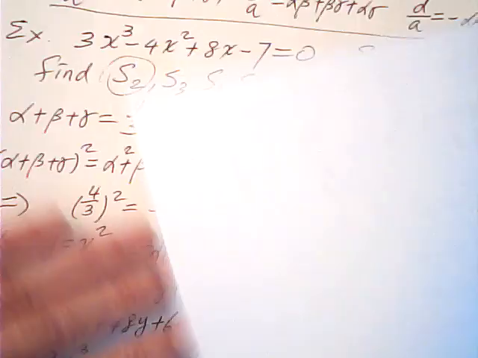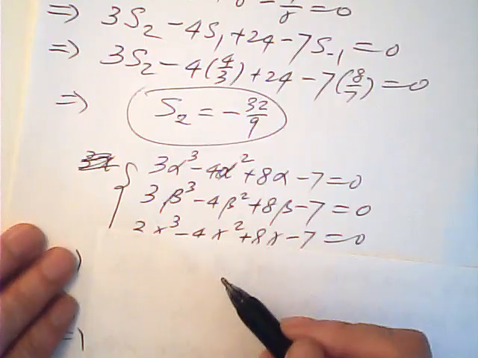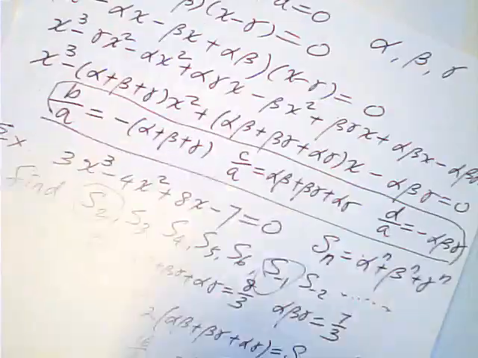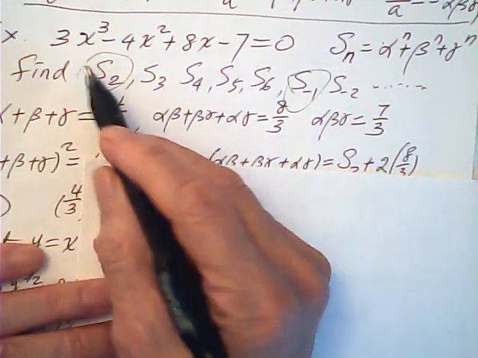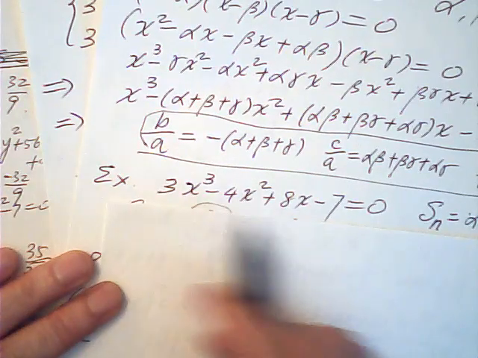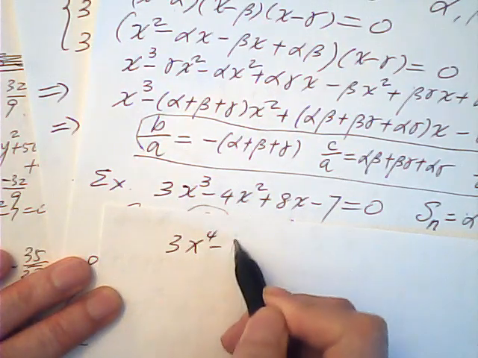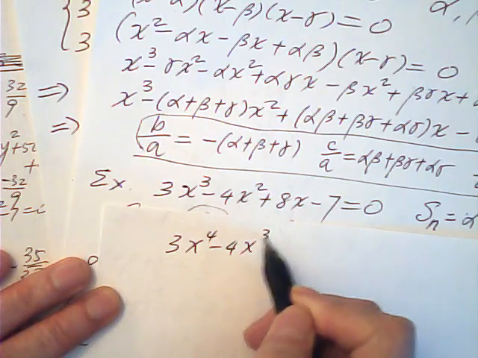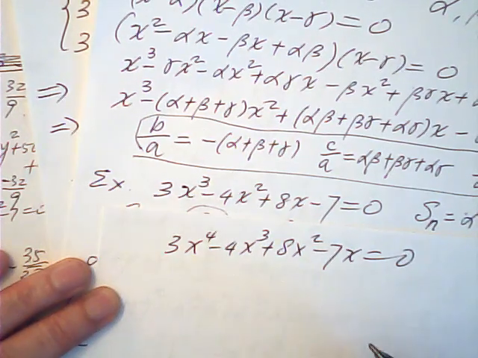Now we can find S4. Similarly, this is the equation. We multiply by x on both sides, so we have 3x to the fourth minus 4x cubed plus 8x squared minus 7x equal to 0.